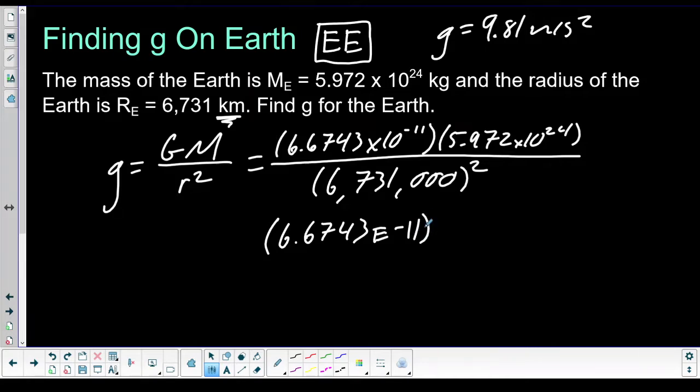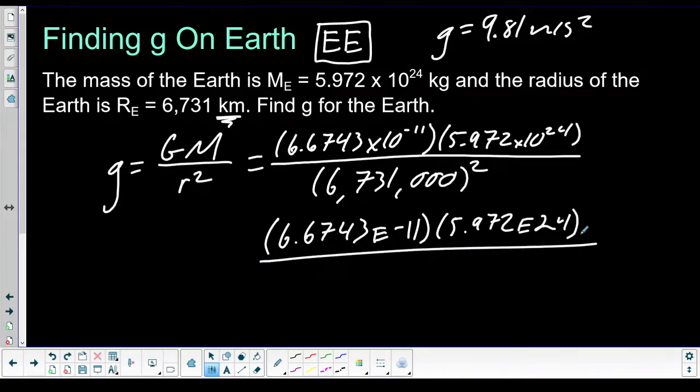It's like a scientific notation button. That way you don't have to go through all the work of typing times 10 and putting in an exponent and making sure it all works. Same thing here: 5.972 E24. And then I would just leave this. I wouldn't go through the work of turning it into scientific notation. You could; it would be 6.731 E6 squared. Type this in your calculator.